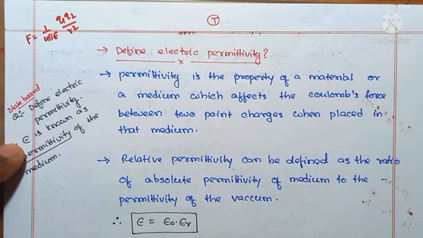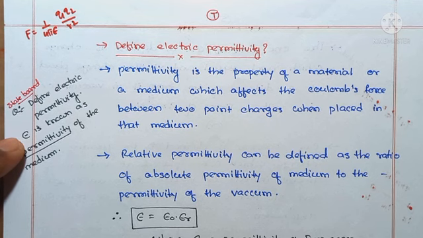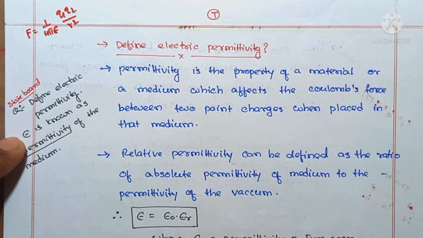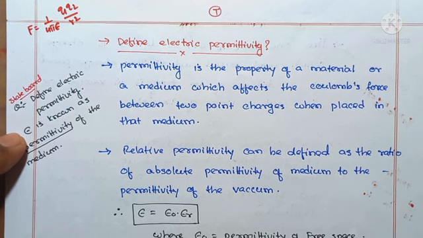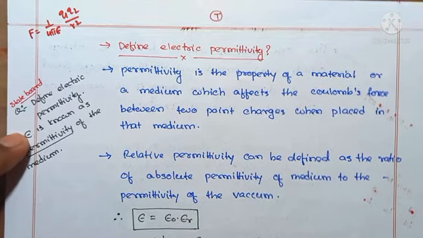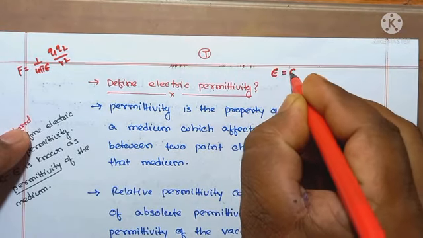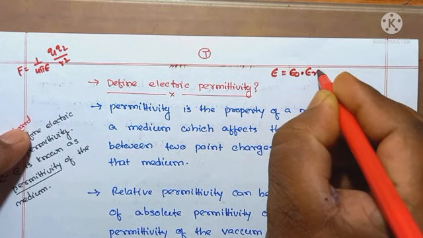From Coulomb's law, we know that F is equal to 1 by 4 pi epsilon Q1 Q2 by R square. So what is epsilon? Epsilon is the permittivity, and epsilon equals epsilon 0 into epsilon r.